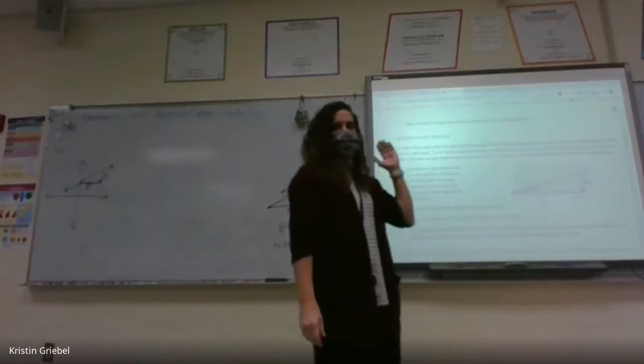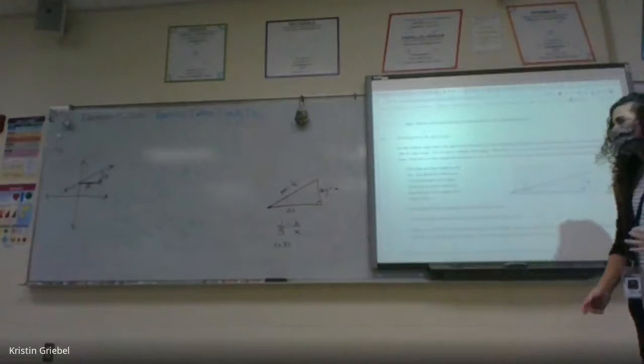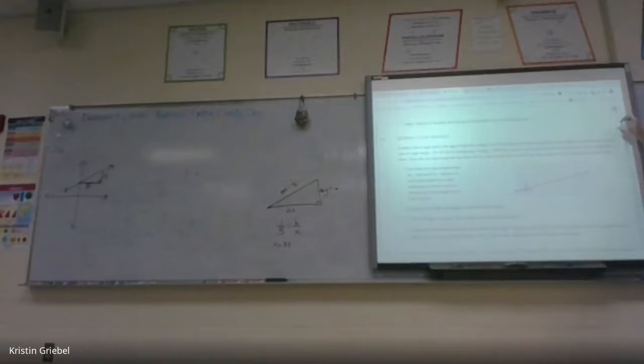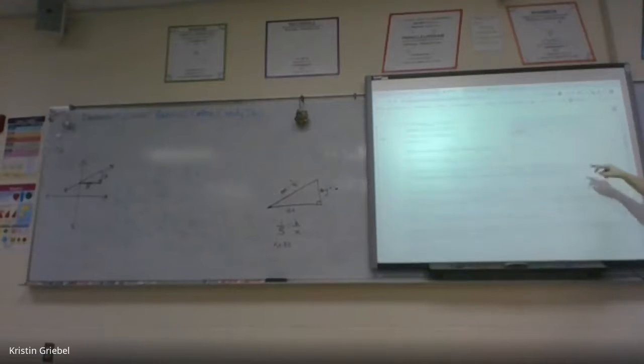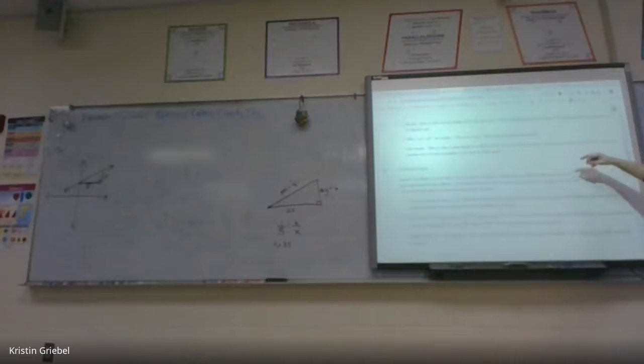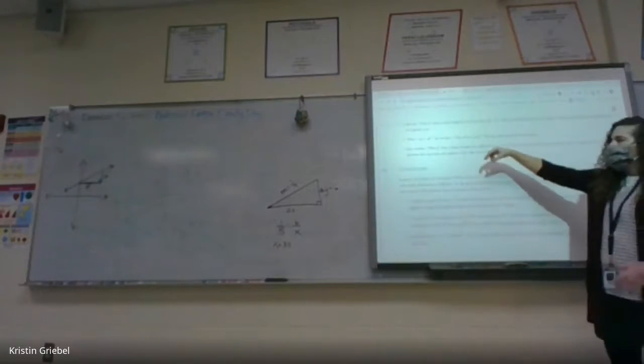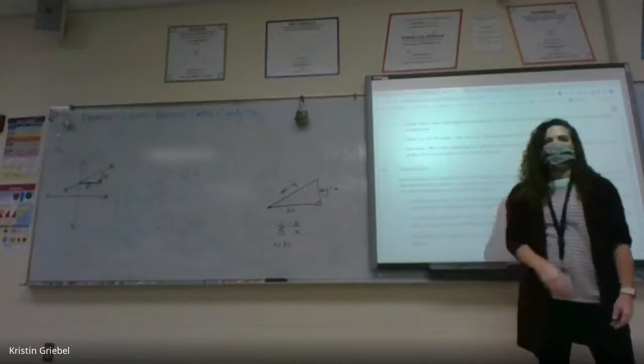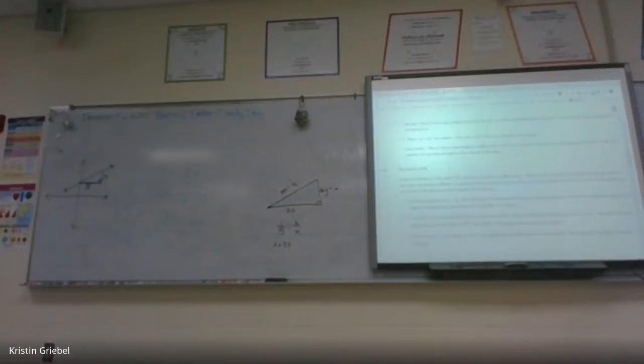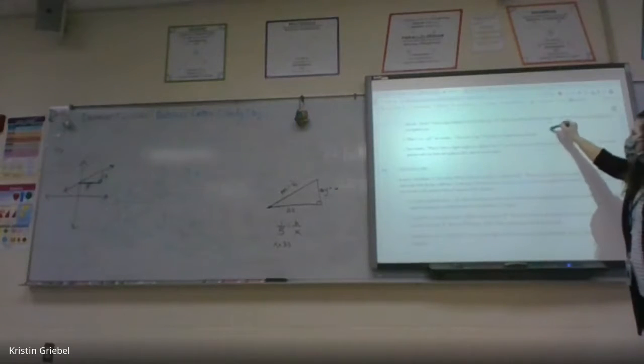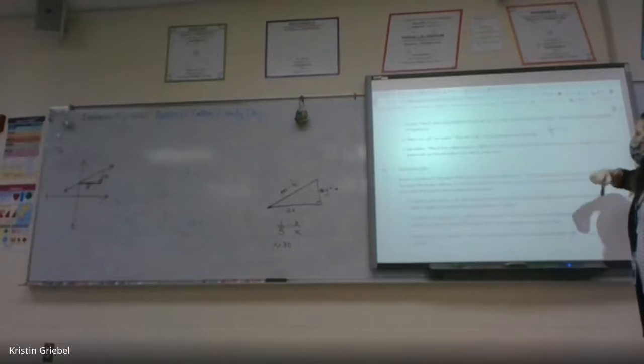The reason we were allowed to do that is because the triangle was still being formed on the same line as before. So what if we have another triangle on the line, but the change in x is 40? What's going to be the change in y? It's still on the same line, so isn't there a ratio that we get to use to compare it? What's that ratio? Right, 1/5. Where does the 40 go?